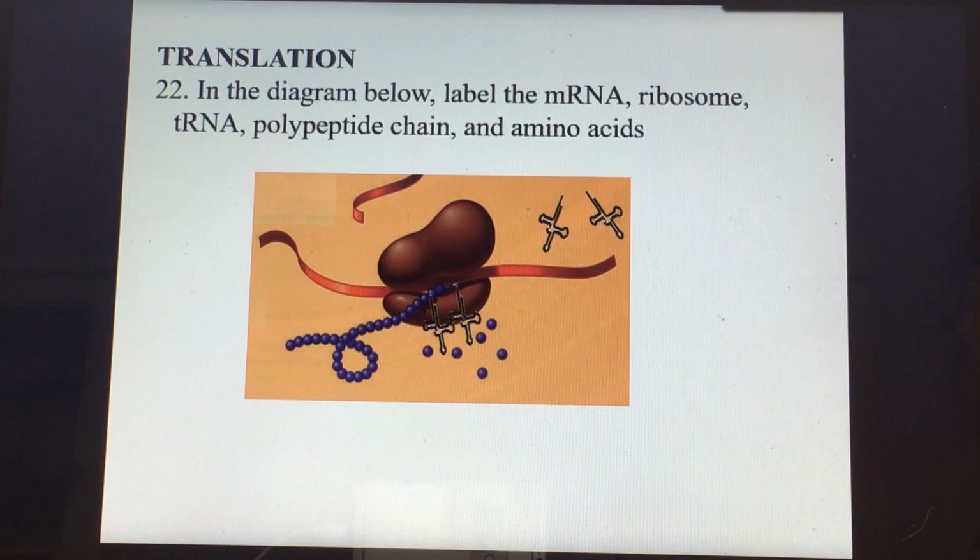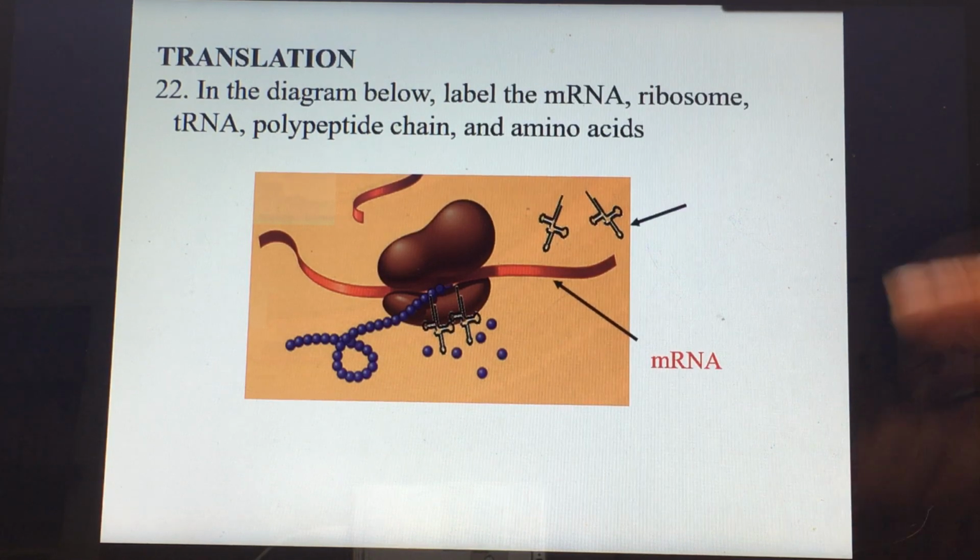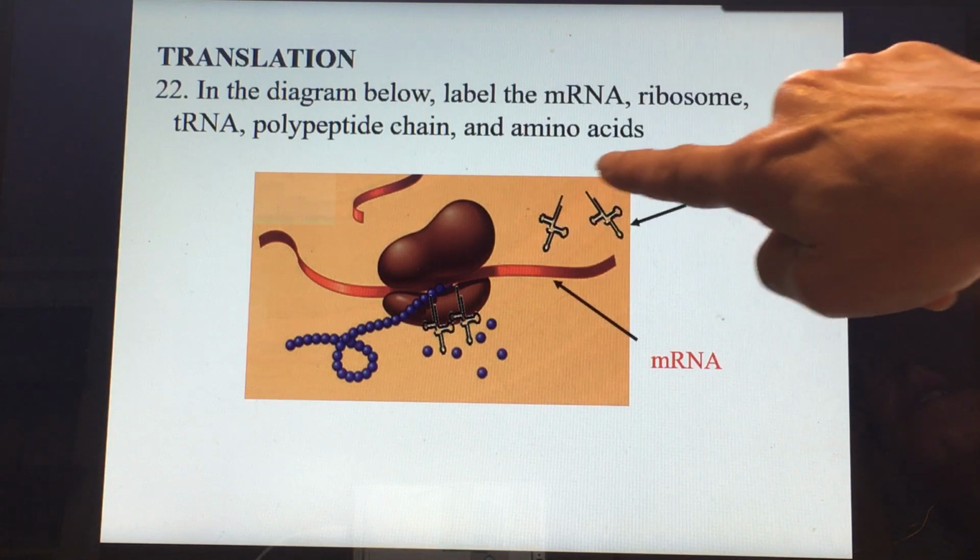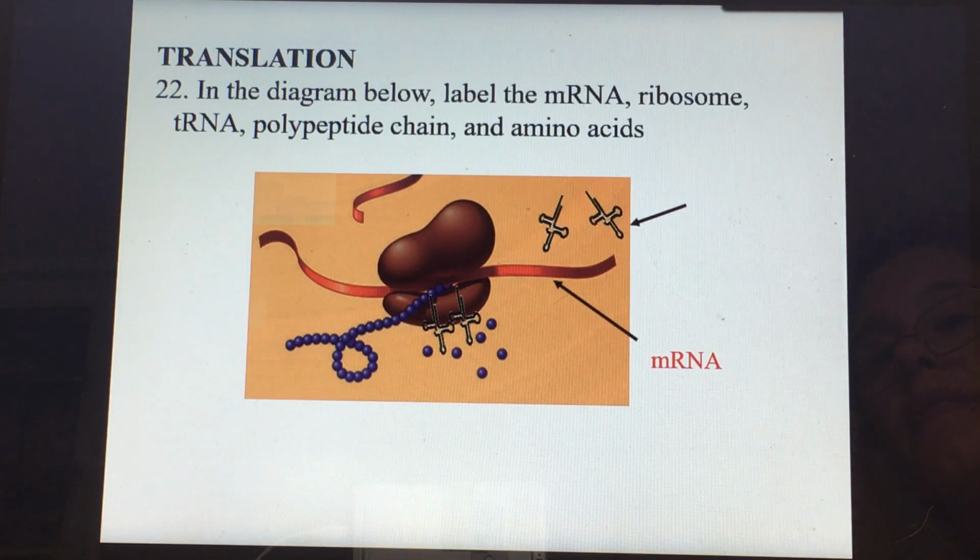In this diagram, we have translation, and we're going to be labeling the parts. So, what is that red strand? That would be mRNA. This structure, that would be tRNA.